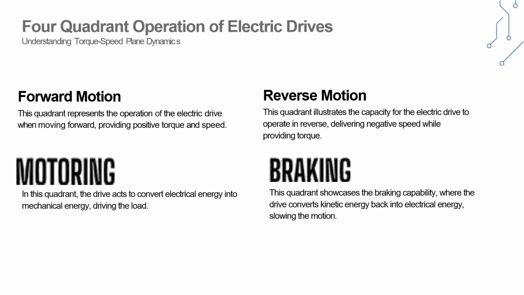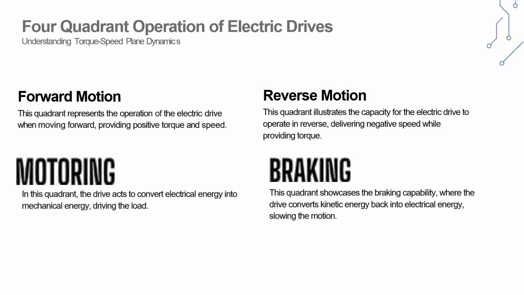Fourth quadrant, that is reverse braking. Finally, in this mode, the motor rotates in reverse, but the torque is in the forward direction. This might seem a bit counterintuitive, but it's useful in certain applications like cranes where you need to lower a load slowly. Here the motor is again acting as a generator, converting mechanical energy into electrical energy.